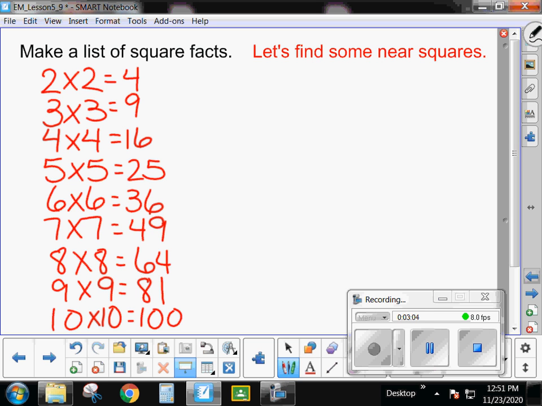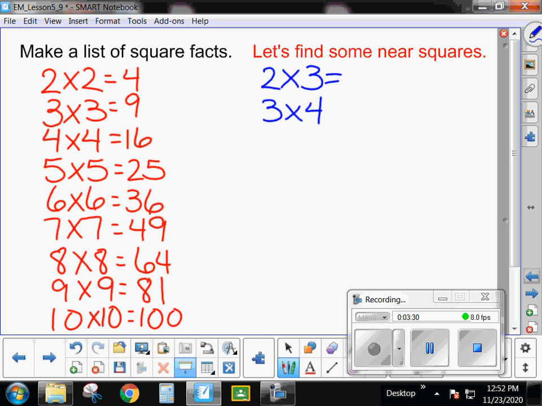So now I want you to make a list. If you know what 2 times 2 is, I want you to make a list of another problem that's near that you could solve. So for example, if I know what 2 times 2 is, I can use it to help me solve 2 times 3. If I know what 3 times 3 is, I can use it to help me solve 3 times 4.